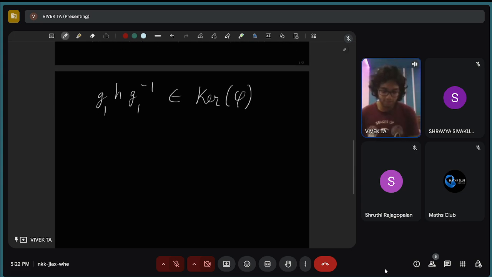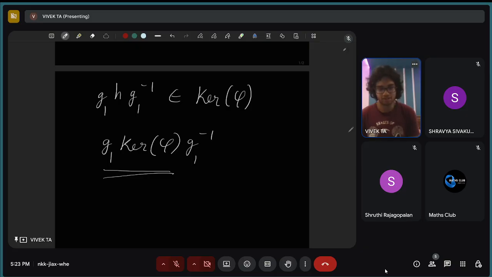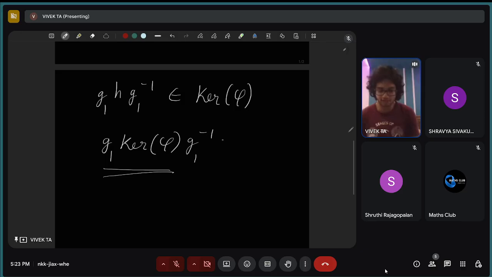So the point being, if you take any element g1 and its coset, I forgot whether I defined it as the left or right coset, and then take the corresponding coset from the other side, this becomes a subset of the kernel of phi.